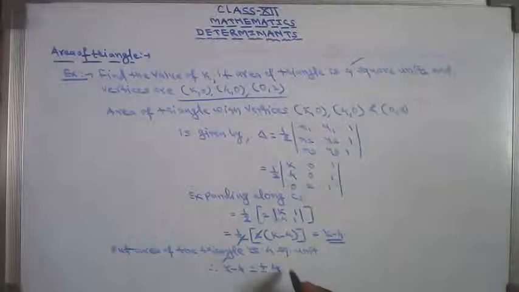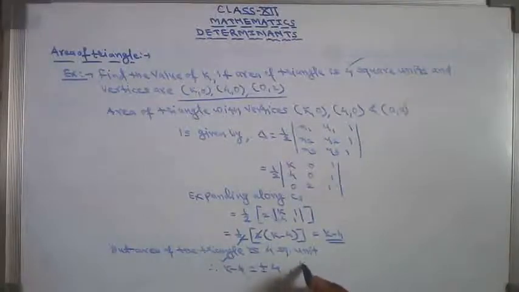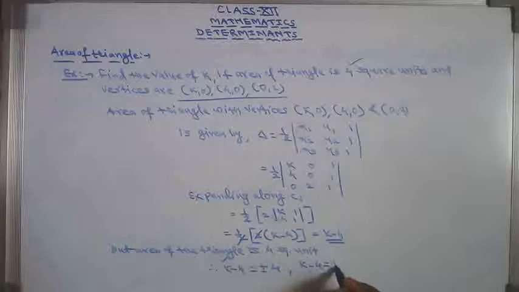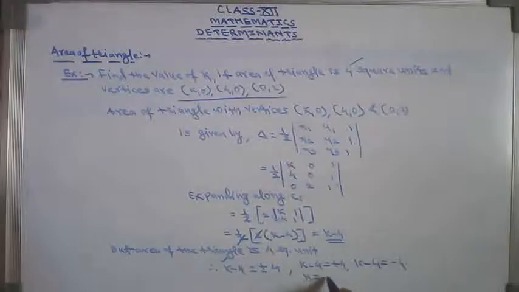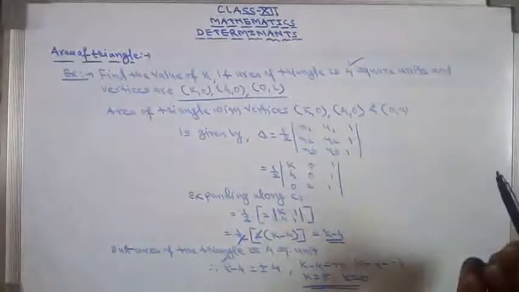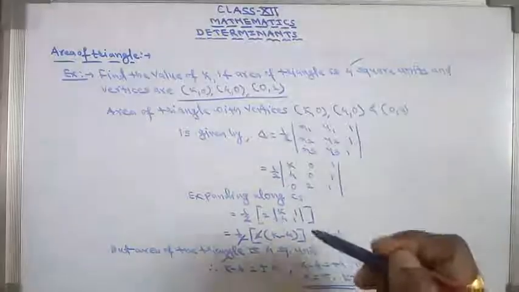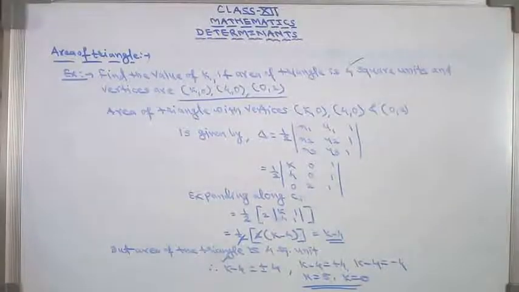So k minus 4 equals plus 4 or k minus 4 equals minus 4. So k equals 8, k equals 0. Therefore the value of k should be 0 or 8, so that the area of the given triangle becomes 4 square units.